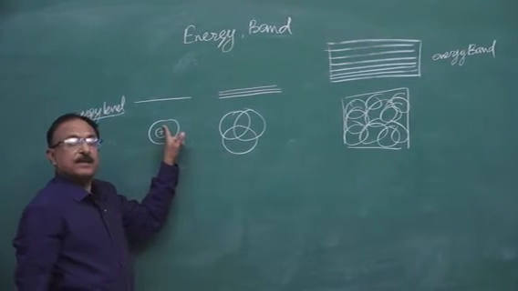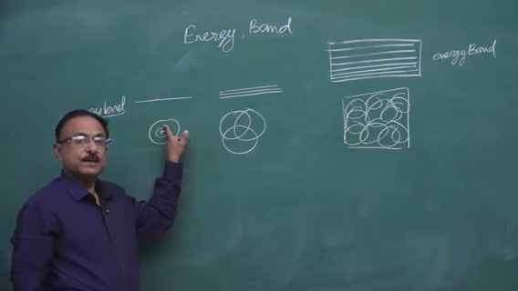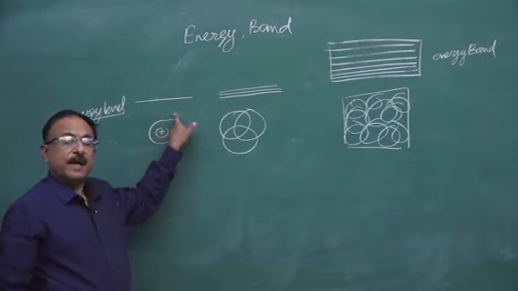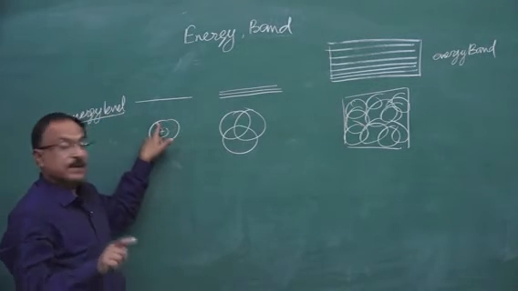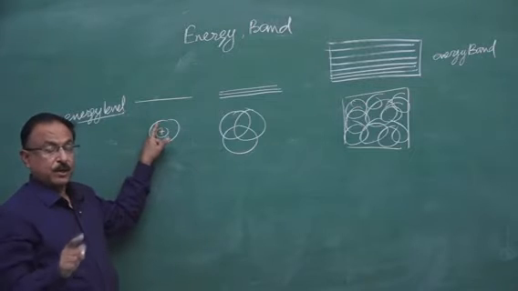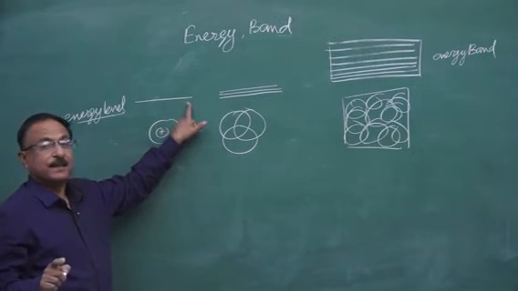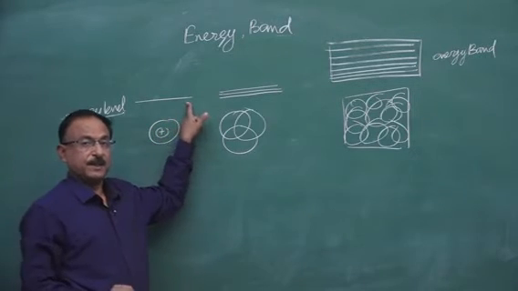When there is a single electron orbiting the nucleus in an atom, the energy of the orbital in which the electron is moving, we represent graphically by a single line.